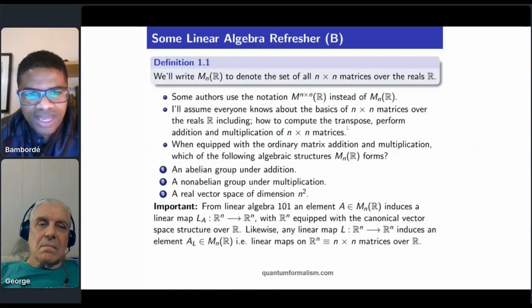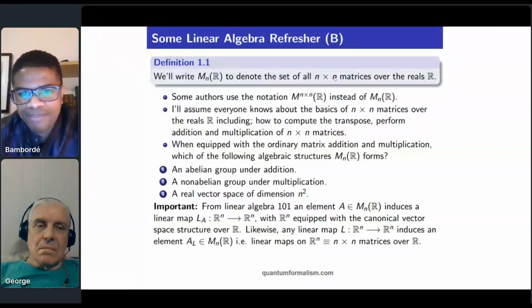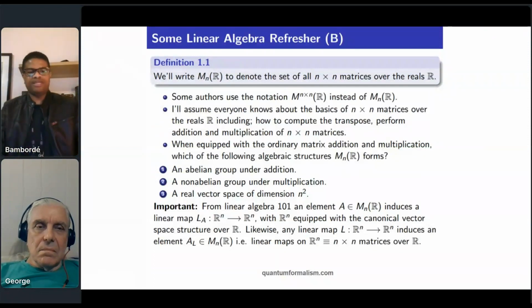Now here's another. This is more of a notation refresher and some facts. By convention, we will write Mn of R to denote the set of all n by n matrices with real numbers as entries.